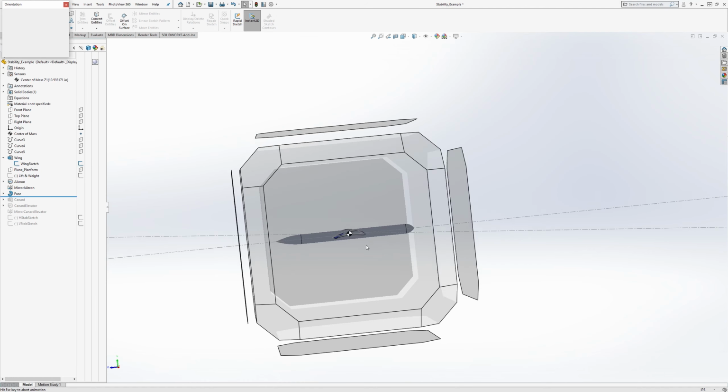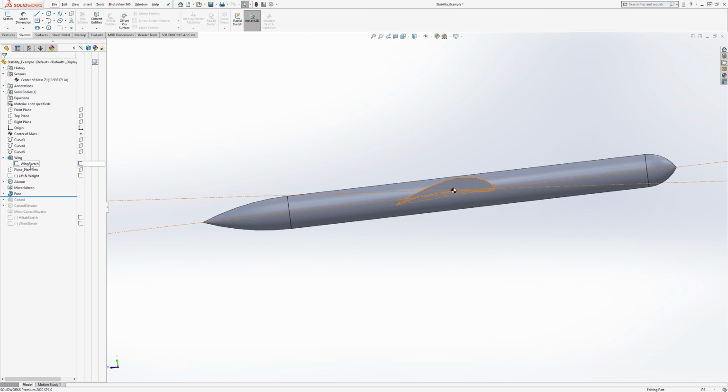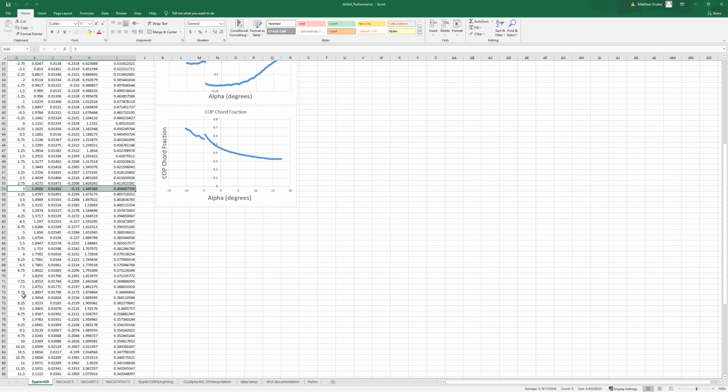So now if we look from here, the aircraft is flying into the oncoming airflow like this, and we have an angle of attack on the wing of 3 plus 5. So that's 8. So if we take a look at 8 degrees, the center of pressure is at 36.4. So it's moving forwards.